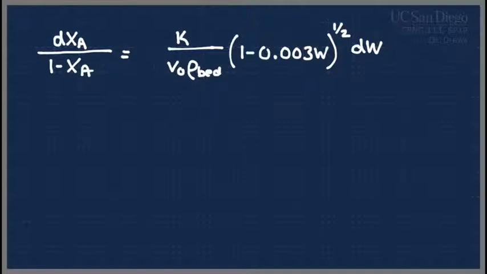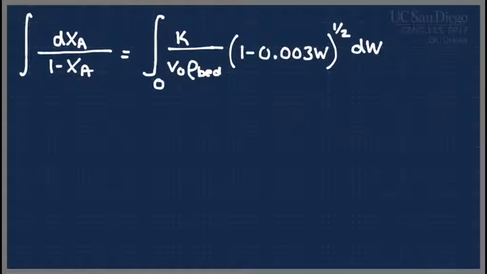Don't forget that because the pressure drop is a function of how much catalyst has been exposed, it needs to be on the right-hand side of your equation, because that's the integral we're going to take with respect to W. So anything that's got a W term has to go over on the right. Anything that's got an X has to go over on the left. If you forget and move W over to the left, you won't get the right answer, because that essentially assumes that W inside your pressure drop is constant, which it's not.